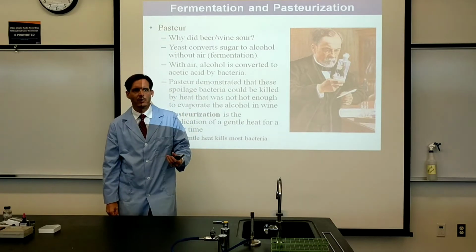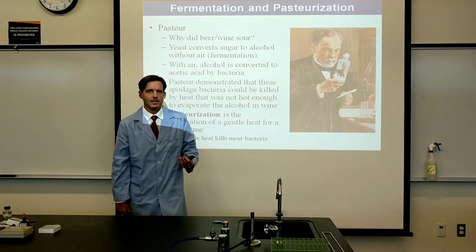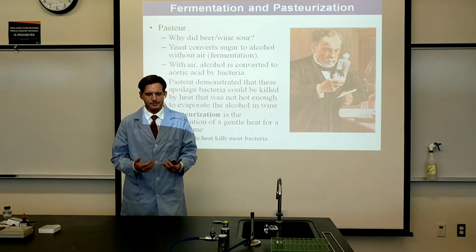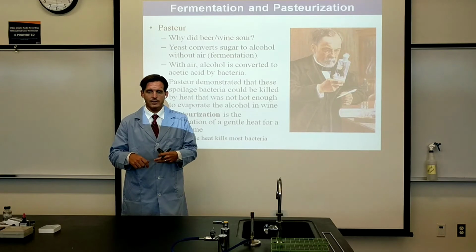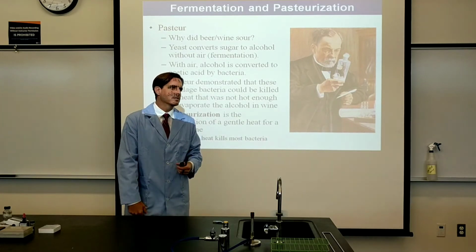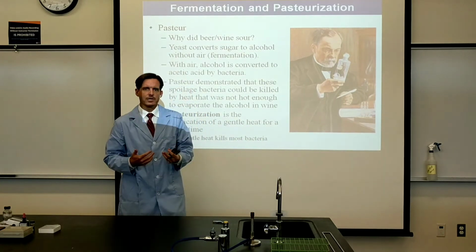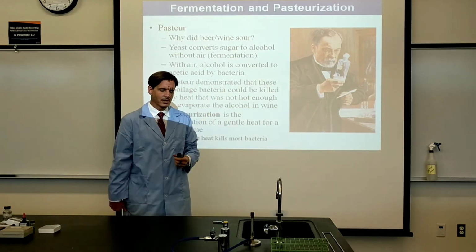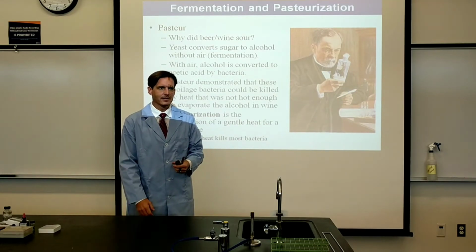If wine has spoiled, it turns sour, and it may even taste like vinegar, because some of the spoilage bacteria that get into the wine will actually turn the grape juice sugar to vinegar. Pasteur was trying to address this very frustrating event where French vintners were losing half of their product.